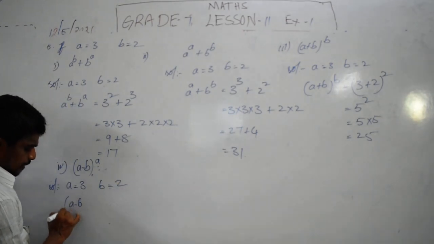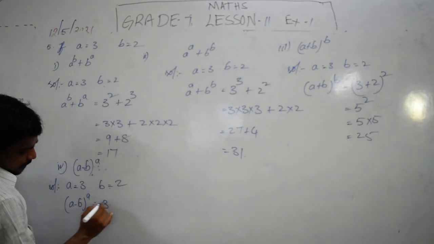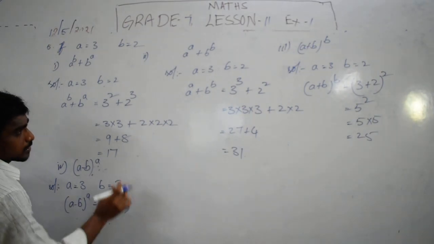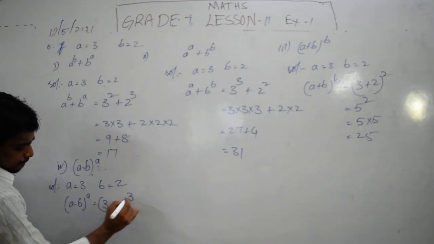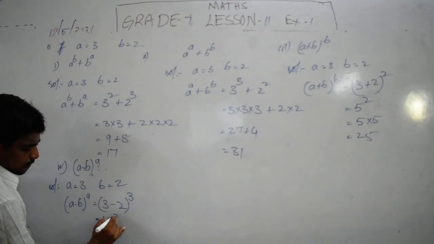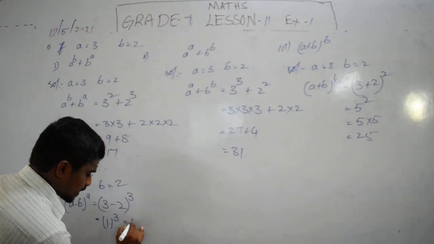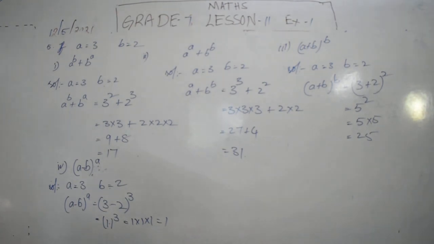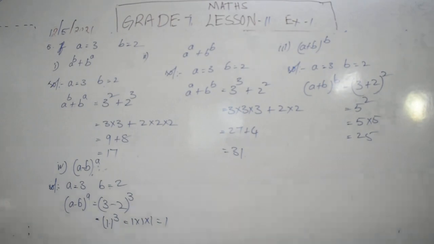A minus B whole power A equals 3 minus 2, whole power 3. Now 3 minus 2 is 1. So 1 power 3, 1 multiplied 3 times. 1 times 1 is 1, 1 times 1 is 1. So write that.